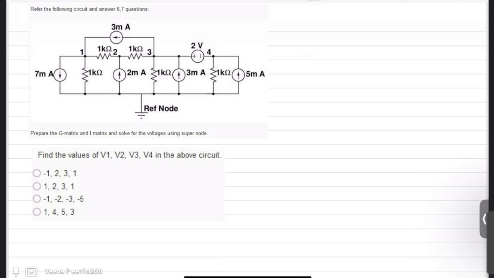Refer the following circuit and answer 6-7 questions. It is that of the assignment. Prepare the G matrix and I matrix and solve for the voltages using super node. Please go through the question yourself. We'll start solving it in 2 minutes.